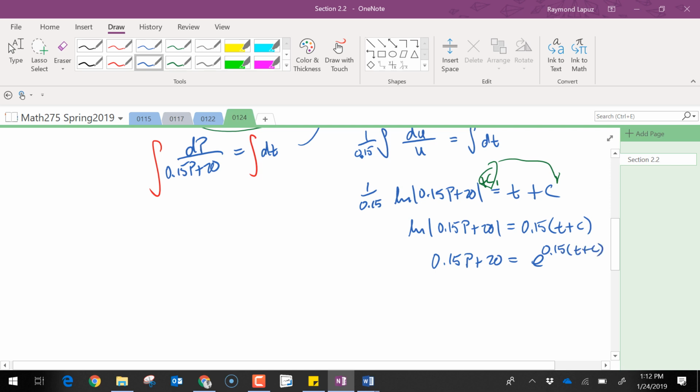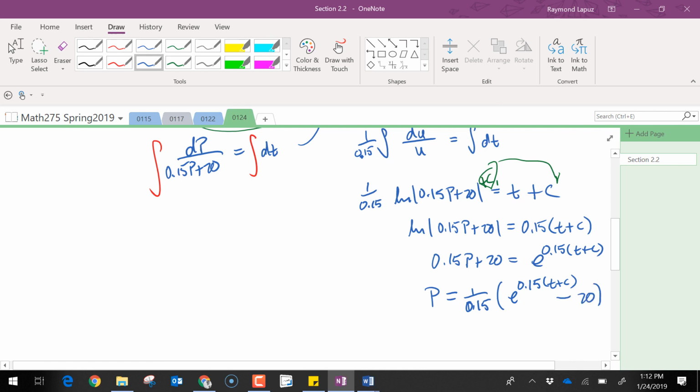And then we'll continue on and do whatever else we need to do. So p is equal to, see, we subtract 20 and then we'll divide by 0.15. And then we have e to the 0.15 t plus c minus 20.